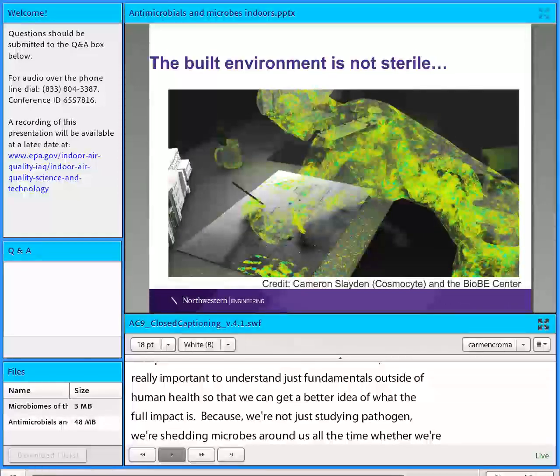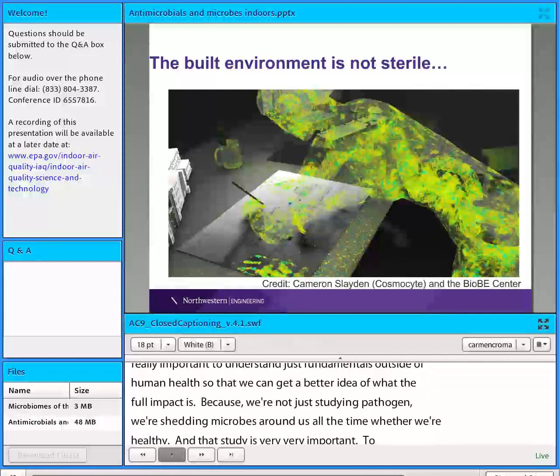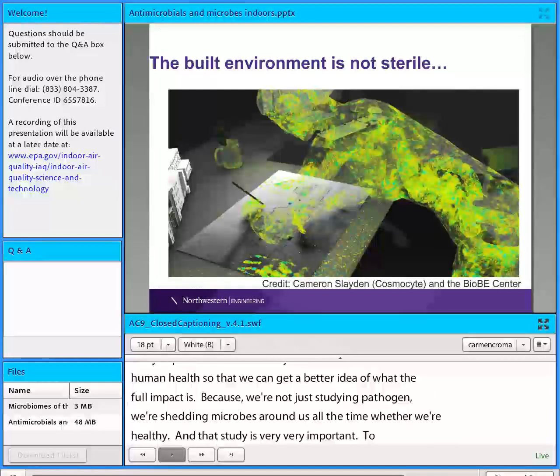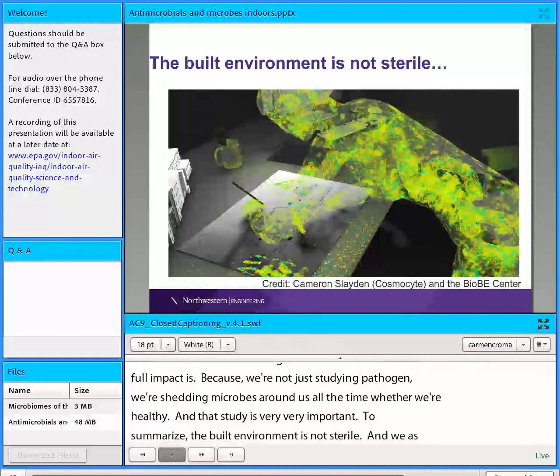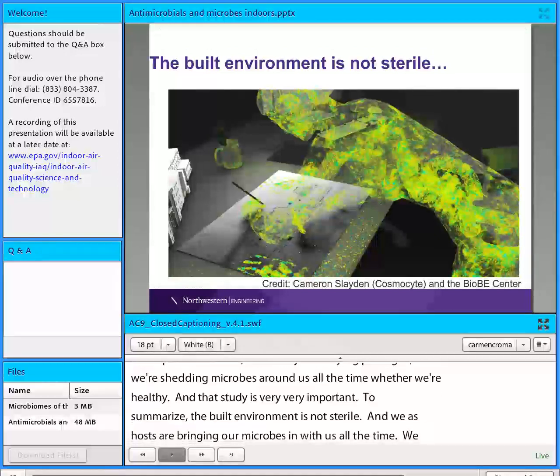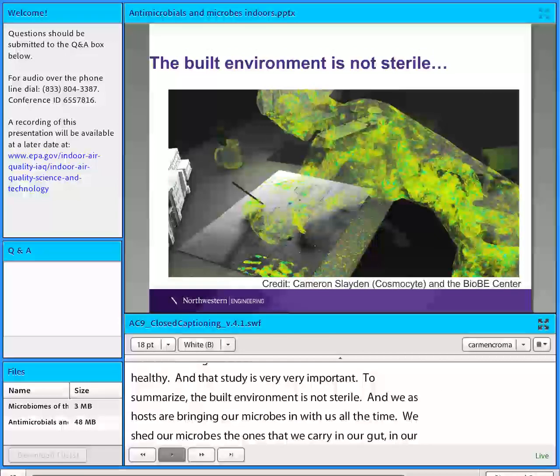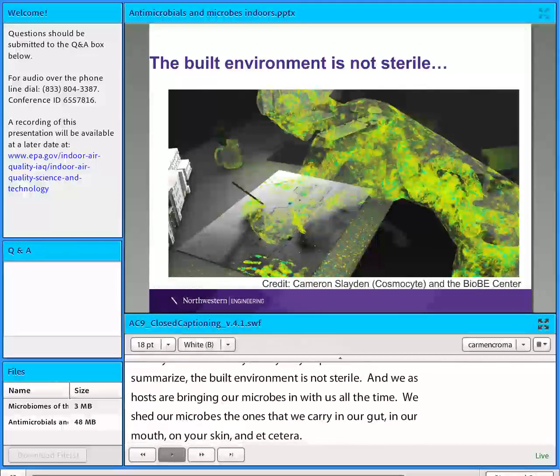So, to summarize, the built environment is not sterile, and we as hosts are bringing our microbes in with us all the time. We shed our microbes, the ones that we carry in our gut, in our mouths, on our skin, et cetera. And we're depositing these microbes on everything all around us.